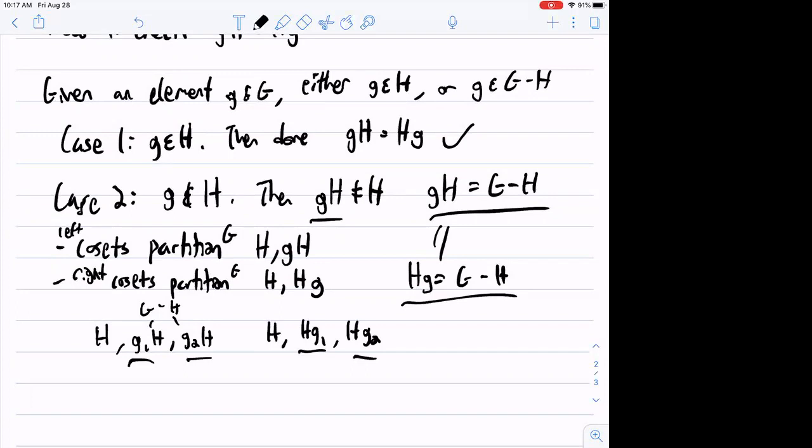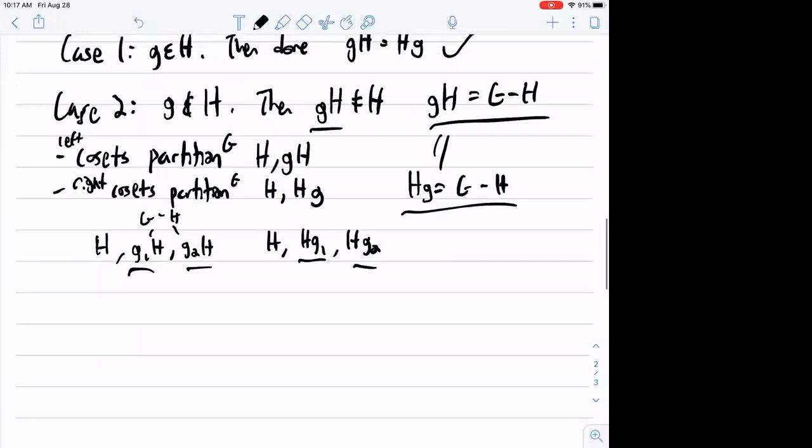So it's a problem if the index is 3 or higher. If it's 2, you have no choice because Hg1 cannot be H, so those 2 must be equal. So yeah, it's a really nice fact about subgroups that are half the size.